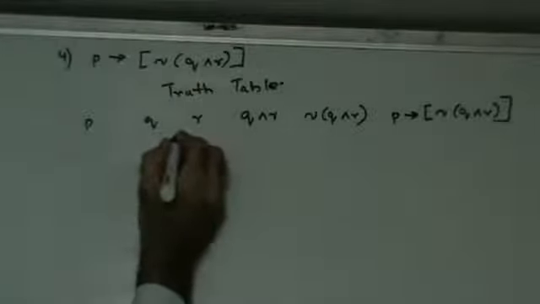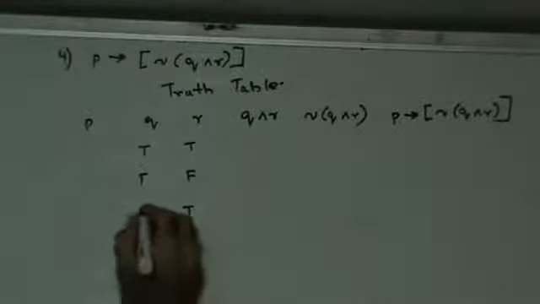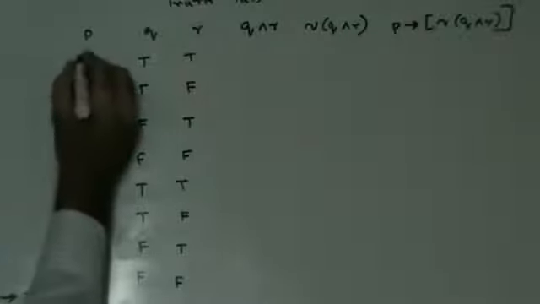Since you got three variables, for the last two variables you will use the same rule: T, T, F, F. T, F, T, F. When you have three variables, repeat the process again with your Q and R. Now for P, you will put 4 T's and 4 F's.